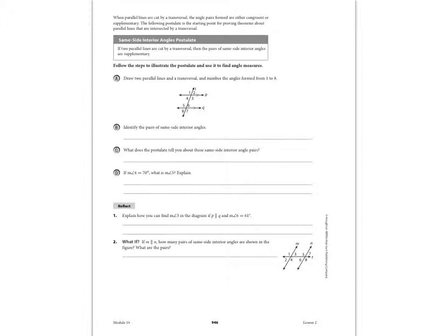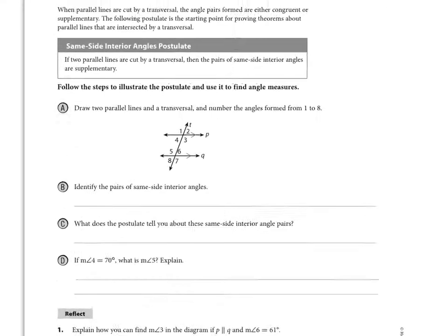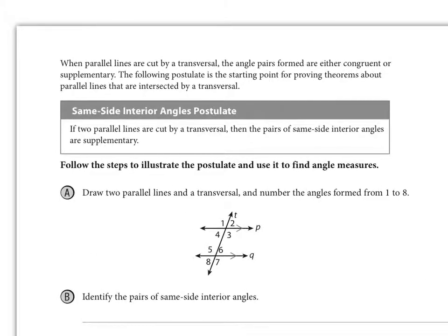On this next page, you come across our first postulate, and this is for same side interior angles. The statement reads, if two parallel lines are cut by a transversal. And I apologize, I didn't even say what a transversal was, but you're going to see this at the beginning of every statement, like postulate or theorem, in this whole lesson.